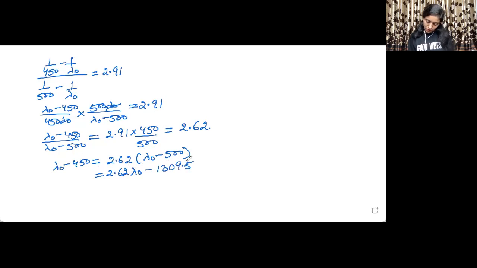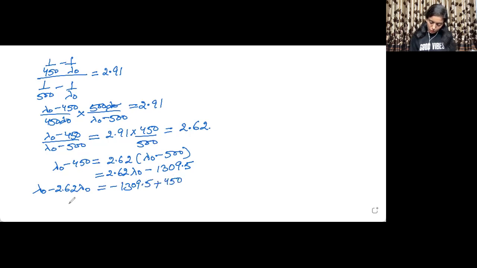1309.5. Okay, now we can take the terms having lambda naught on one side and the rest of the terms on the other side. So lambda naught minus 2.62 lambda naught is equal to minus 1309.5 plus 450.